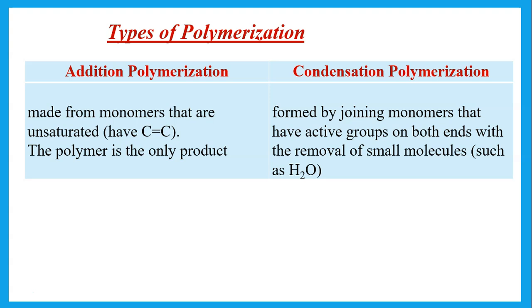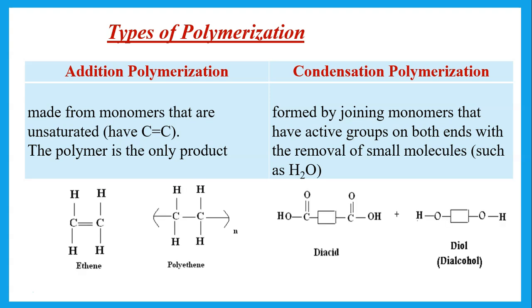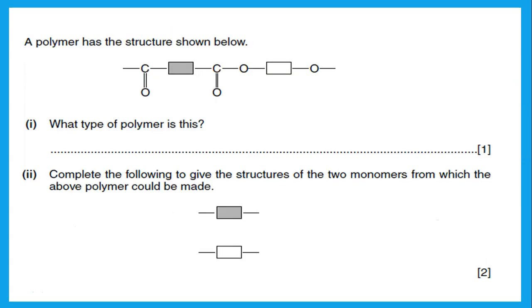Comparing the two types of polymerization: if we're starting with monomers that are unsaturated, alkenes, this is addition polymerization, and the polymer is the only product. While in condensation polymerization, we're starting with monomers that have active groups on both ends. We remove small molecules like water in order to join the monomers together.